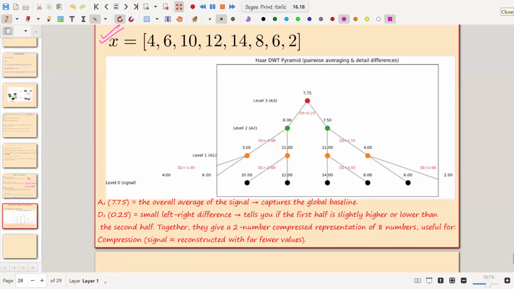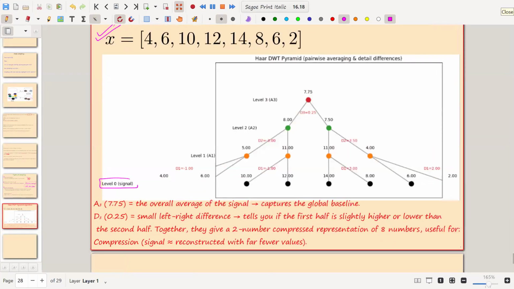What you do is you create a level 0, and each of them represents that data. Can you see those numbers here? Note that 4, 6, 10, 12, 14, 8, 6, 2. Fine.